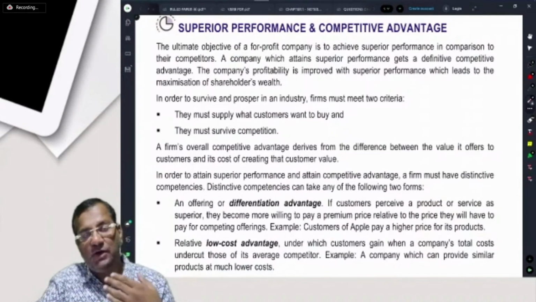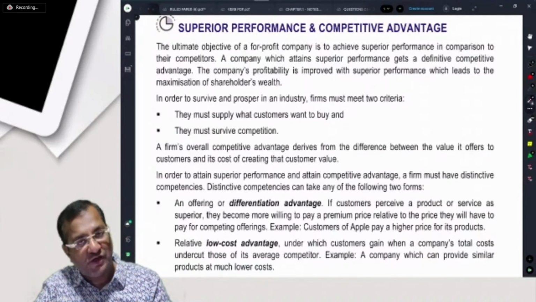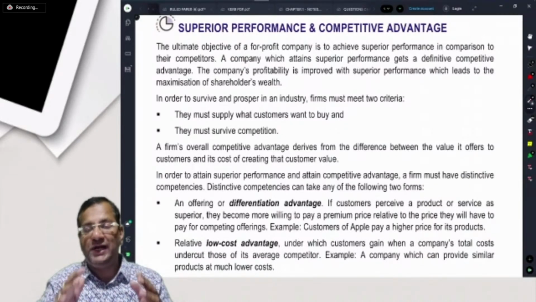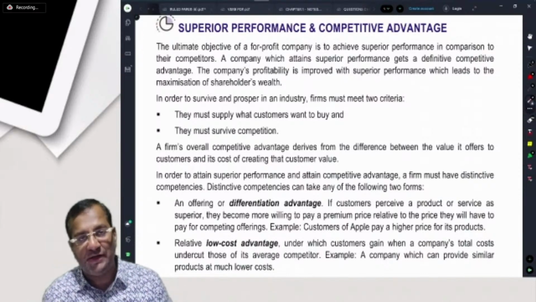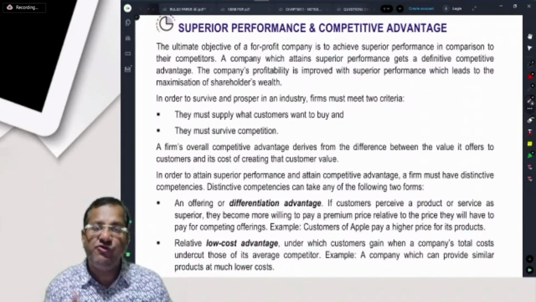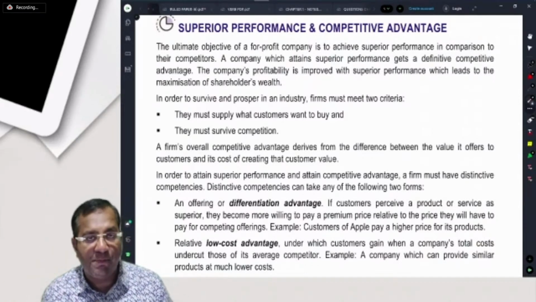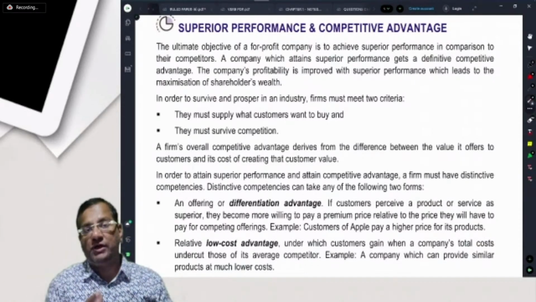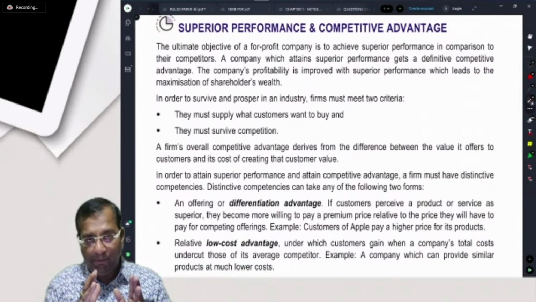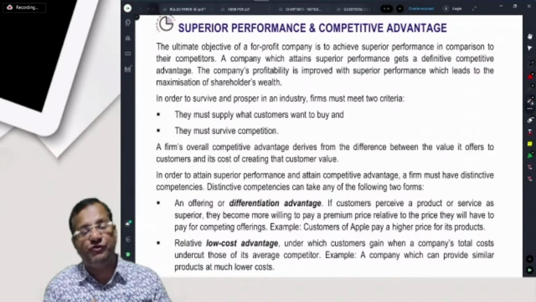If I am unable to supply that product quality which the customer wants, since due to intensified competition right now, the customer can easily switch to my competitor. So in order to survive in the competition, first of all, whatever the customer wants, I am in a position to deliver such quality, timely delivery to the customer.